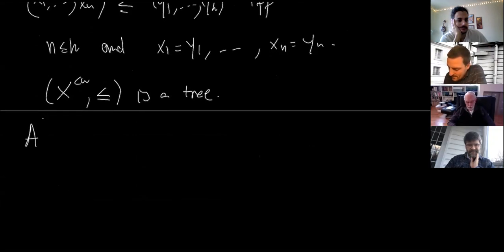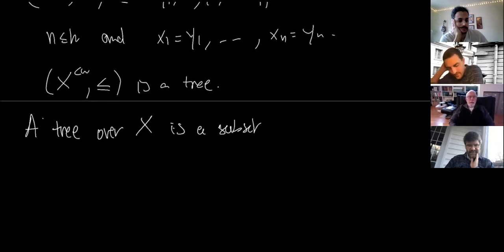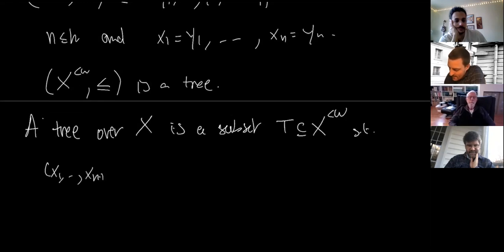Now, what we look at more carefully are trees over a set. So a tree over X. This is more natural in what Bourgain was doing. X is a set, eventually it will be a Banach space. A tree over X is a subset of the set of finite sequences that is closed under taking predecessors.